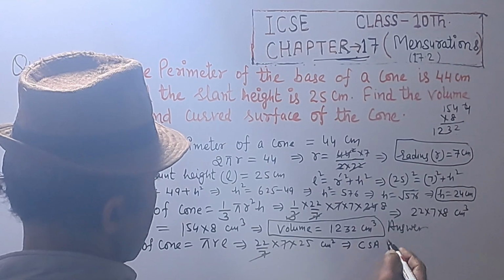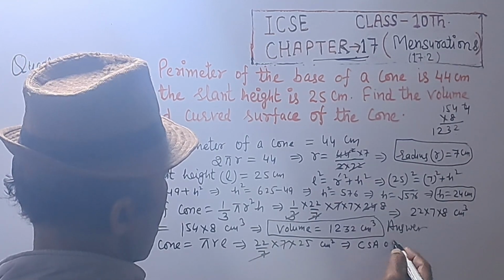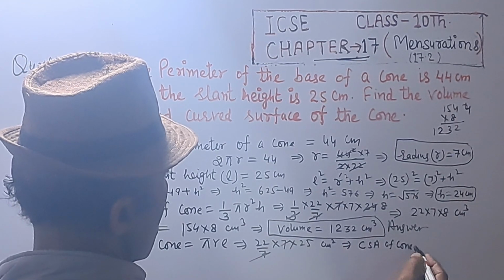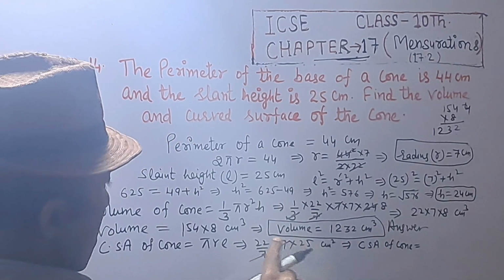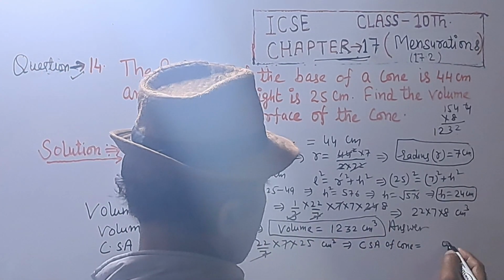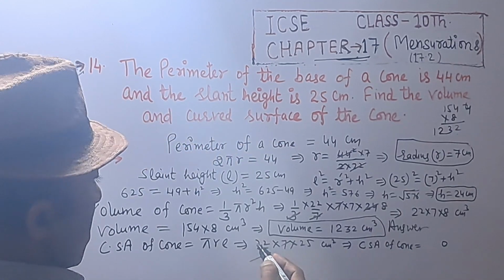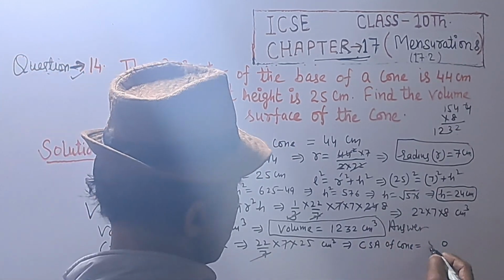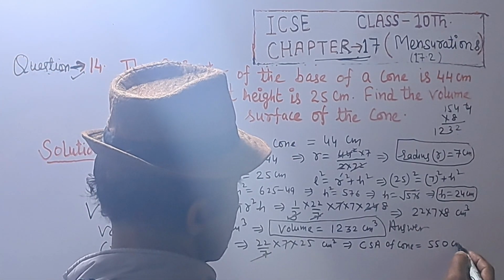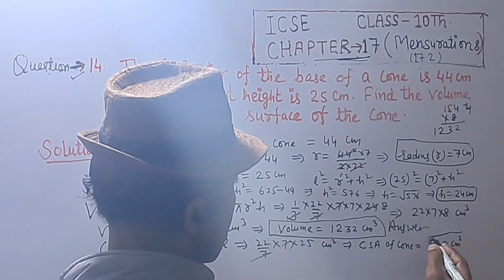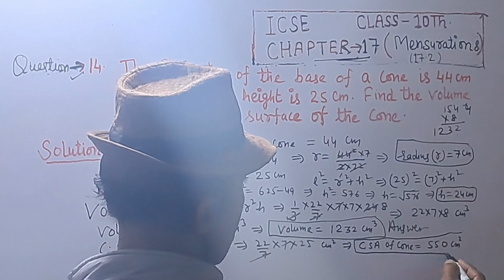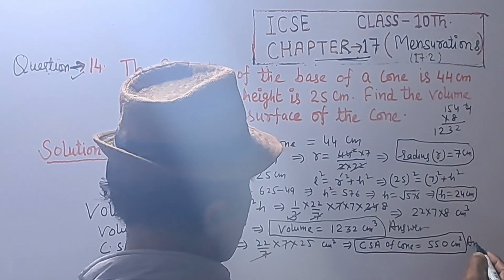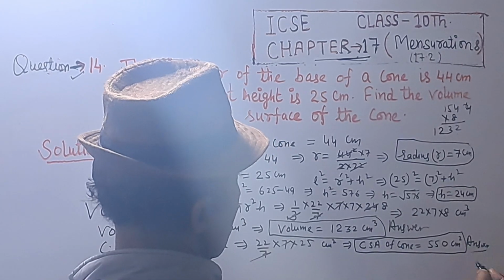Curved surface area of cone equal to 22 into 25, that is 550 centimeter square. Answer.